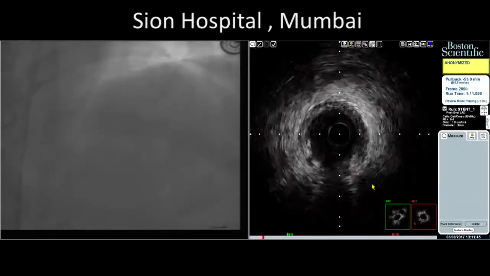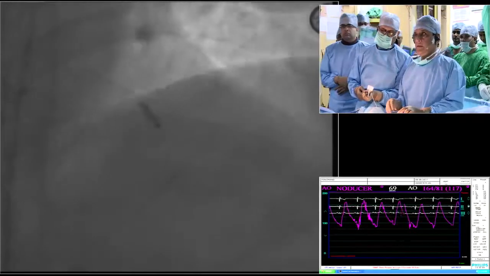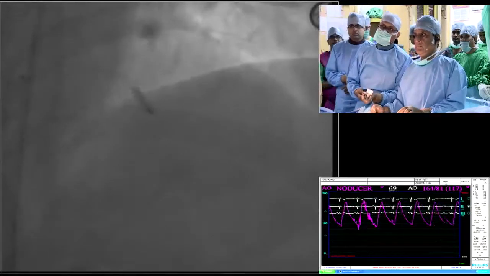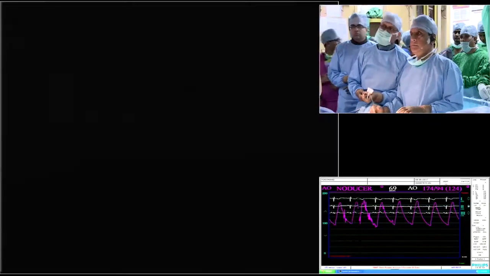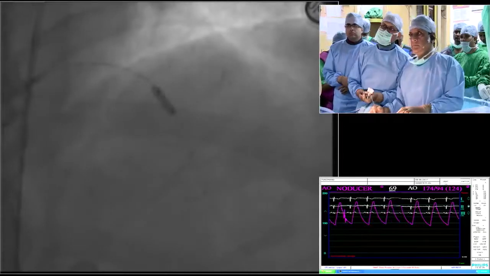Yeah. Let's go up here. 10, 12, 14, 16, 18, 20. Actually, 3 markers give us a good landmark where our proximal should be. Go again.